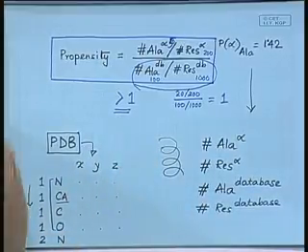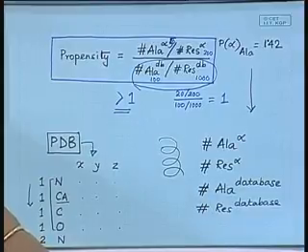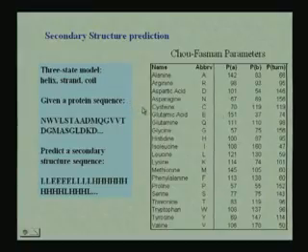Okay? So, that is how they came up with these numbers in our slide here. So, 1.42, which is the way you have it in a lot of tables. So, 1.42 means that this number is greater than 1. It means that alanine would like to be in alpha helix.